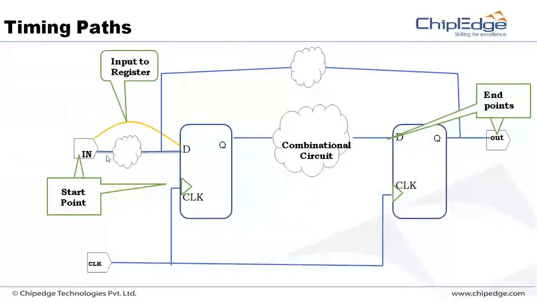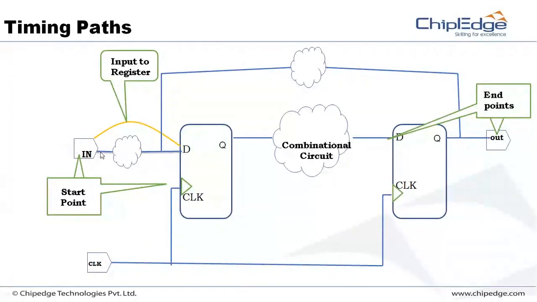The first path is from the input port to the D pin of the flip-flop, called the input to register timing path. I repeat, input pin to the D pin, the data pin, of the flip-flops, we call the input to register data timing path. That is the first timing path. We need to check whether my data is reaching this D pin in time when I'm investigating this path.